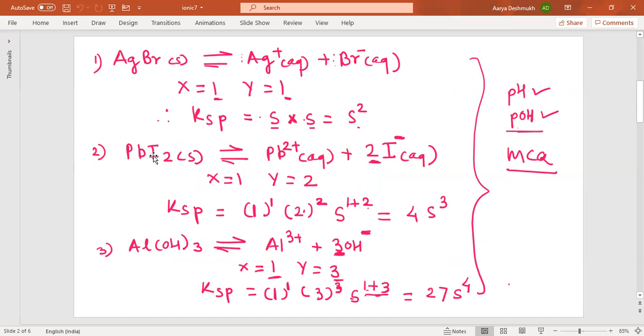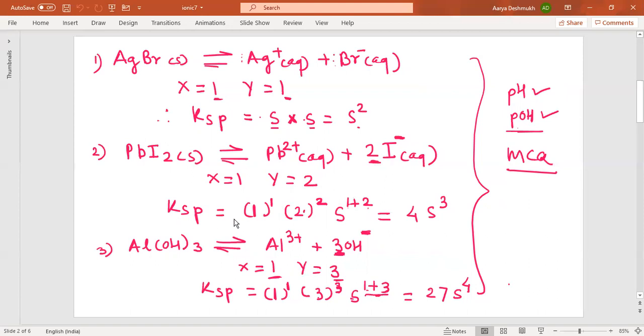Second example, PbI2, it dissociates like this. Here x equals 1, only one lead ion is there, and there are two iodide ions, so y will be equal to 2.